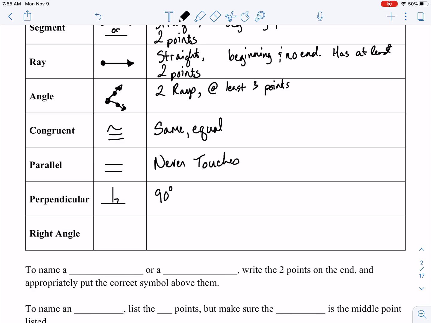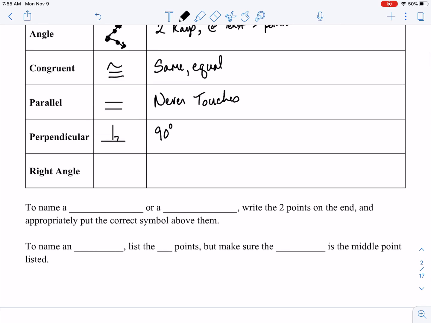And it just means 90 degrees. A right angle also means 90 degrees, but it's just an angle. Okay.